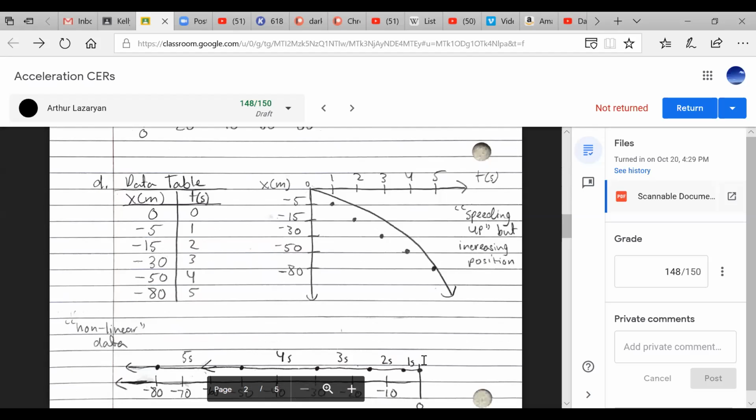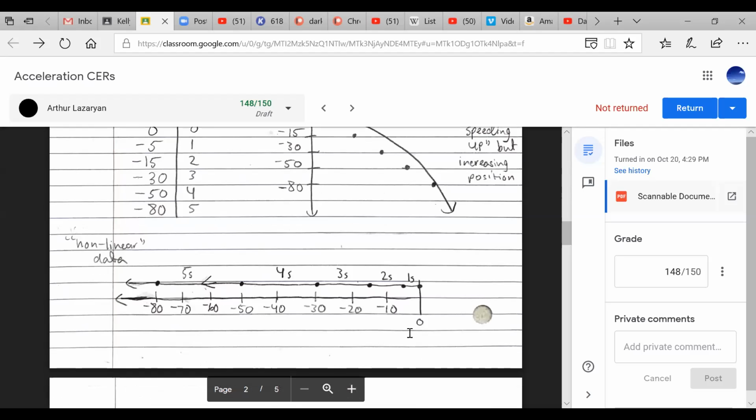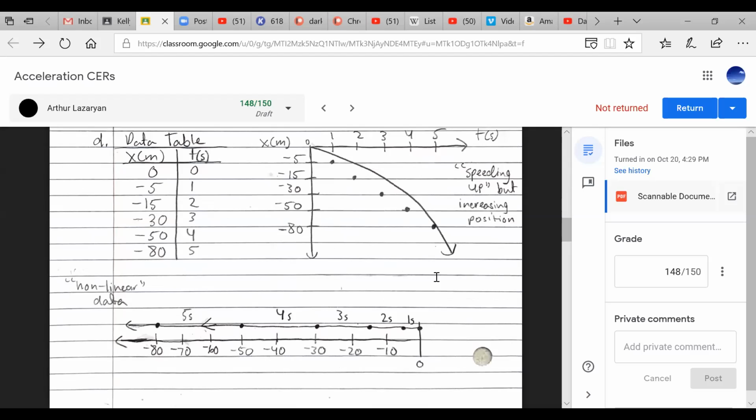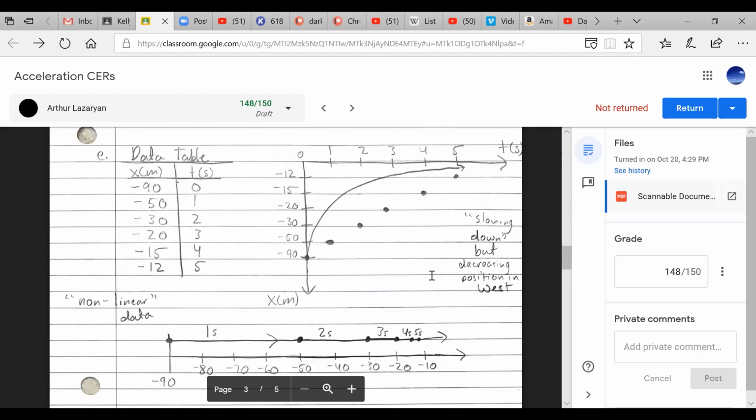That's letter D. And then we went over, right, and so here's the motion diagram associated with that. That's letter D, we did that. So letter E. So we have a large gap and then we're getting smaller and smaller.